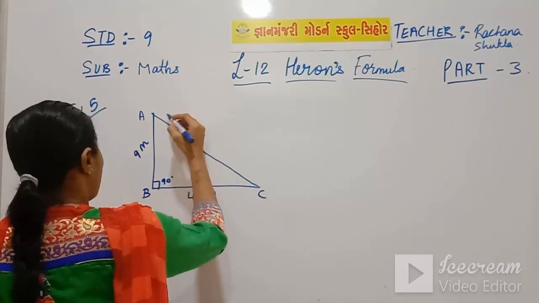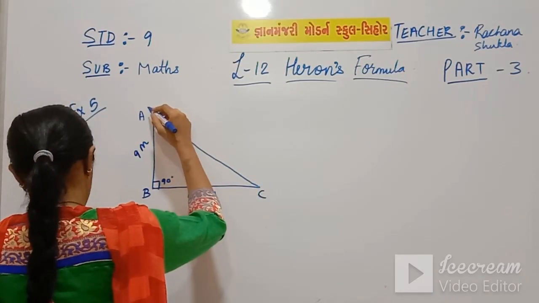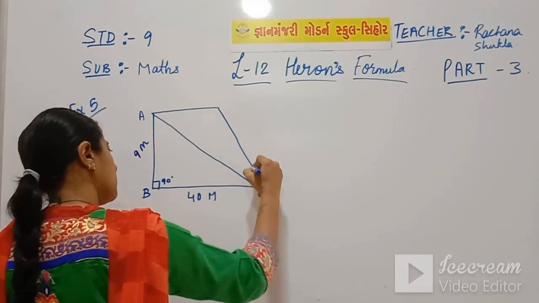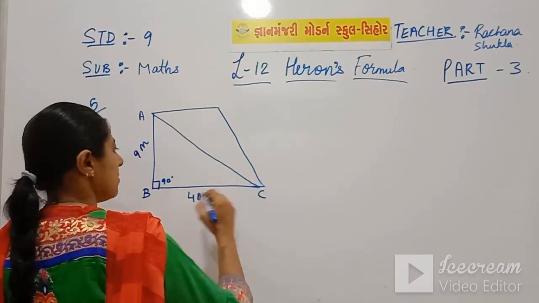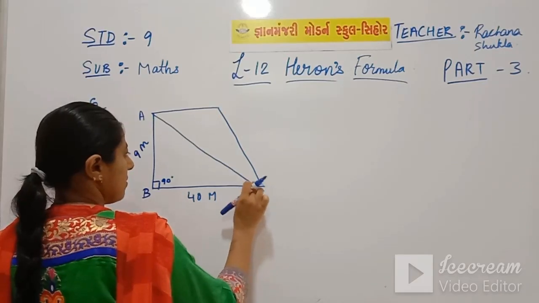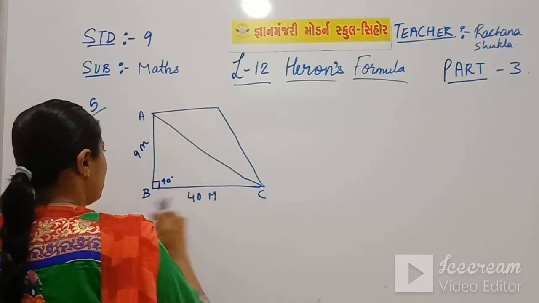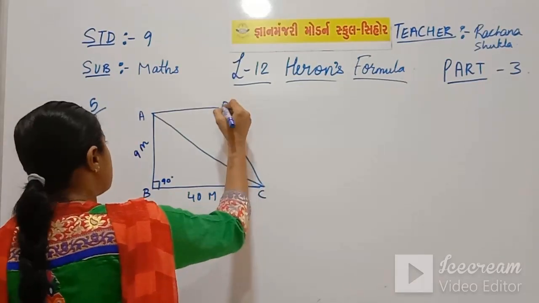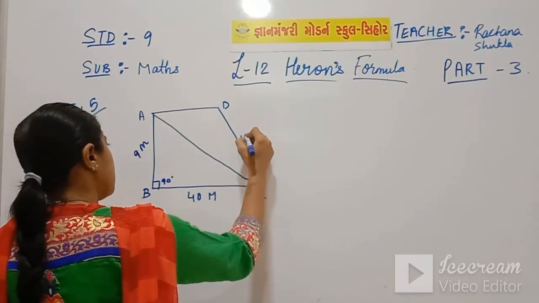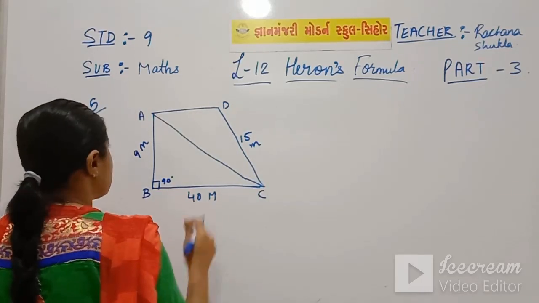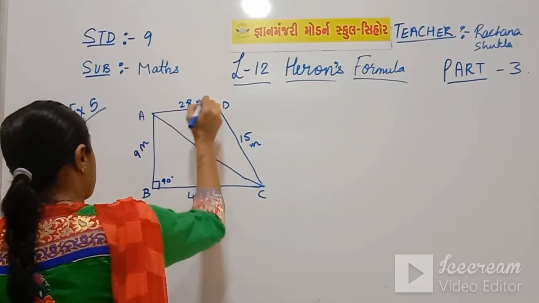So you will draw it this way. A, B, C and here it's D. So CD is 15 meter and DA is 28 meter.